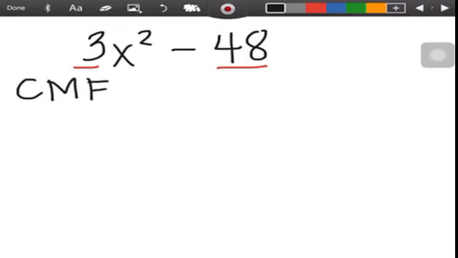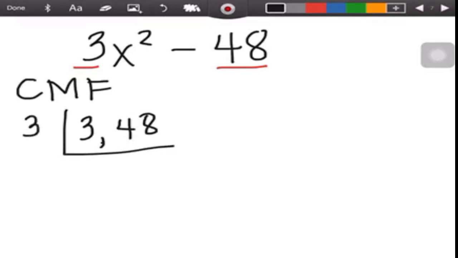So, we have 3 and 48. What number can divide 3 and 48? That is 3. 3 divided by 3, 1. 48 divided by 3, that is 16. And then, we cannot divide 1 again.